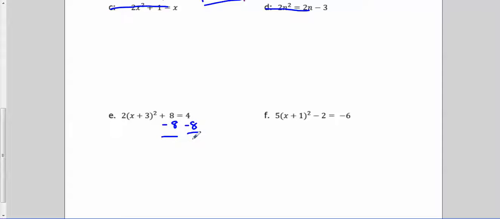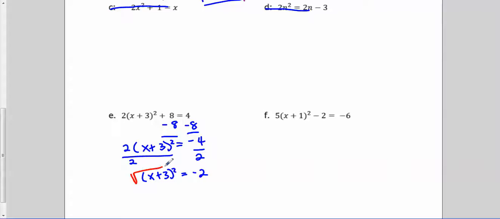And I get negative 4 equals 2 times (x plus 3) squared, and divide by 2. So (x plus 3) squared equals negative 2. And now I'm going to do a plus or minus square root to get rid of my square. So there's my square root and my plus or minus square root.